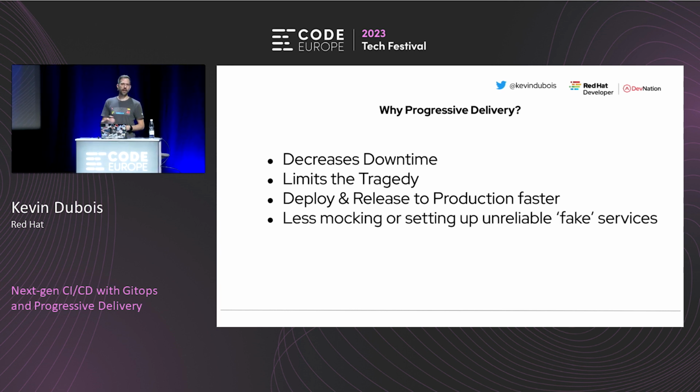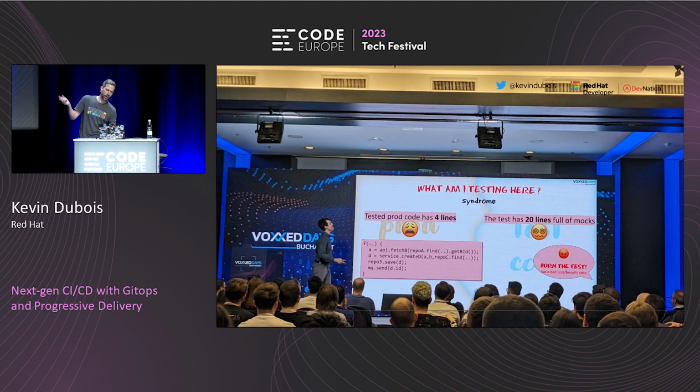It also means that we can test on production. And so we need to do less mocking of our services and less setting up of unreliable fake services where we're trying to mimic how it would behave on production without really knowing how it's going to work on production. I was at a conference a few weeks ago, and I thought that's a pretty good example of why we might want to do that.